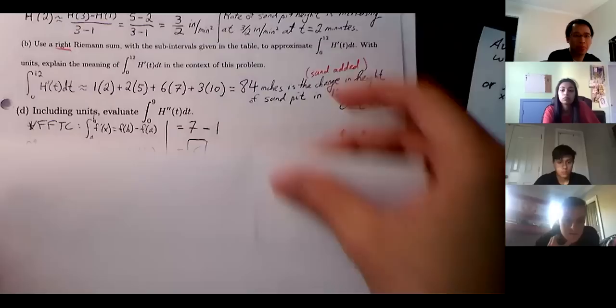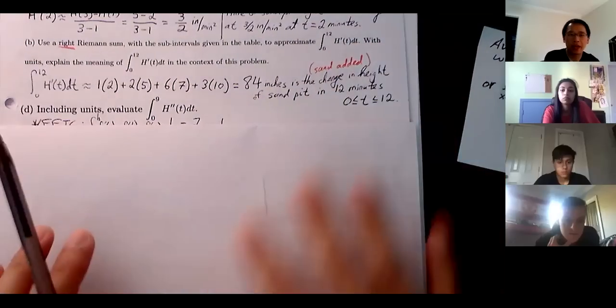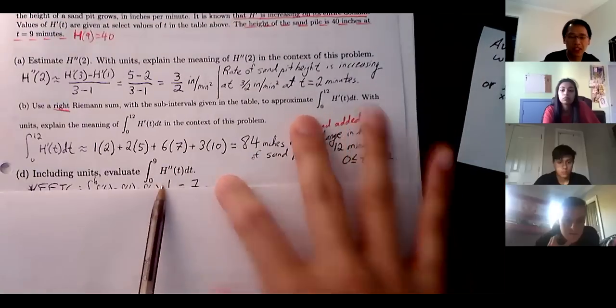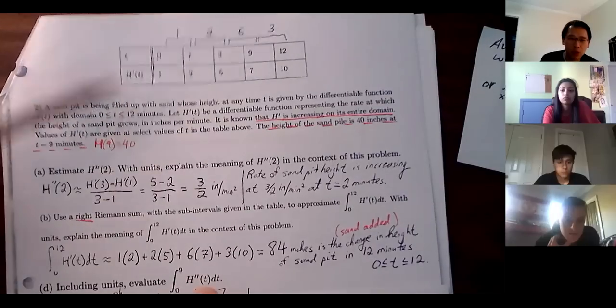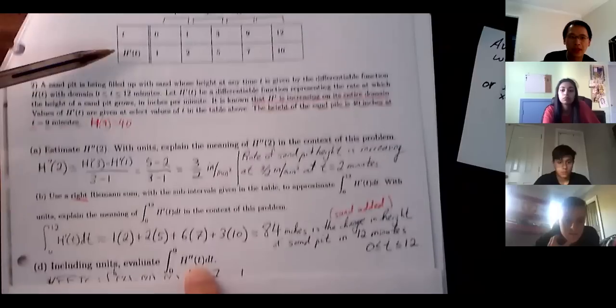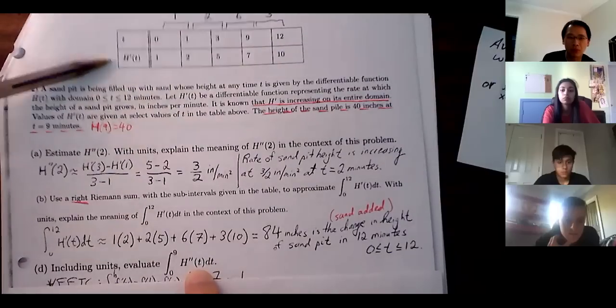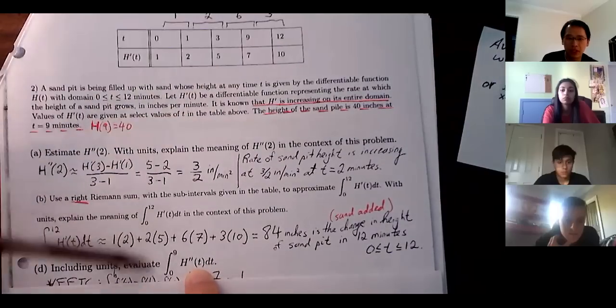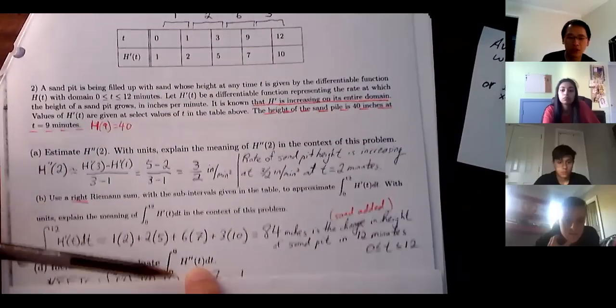All right, part D. Include units, evaluate the definite integral from 0 to 9 of h double prime. Now, if you look, we have nothing about h double prime, so we have to find a way to convert this h double prime into something we have, because we have a limited amount of information. We have to find a way to connect these two.